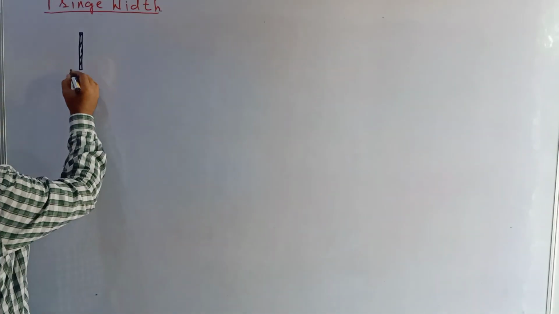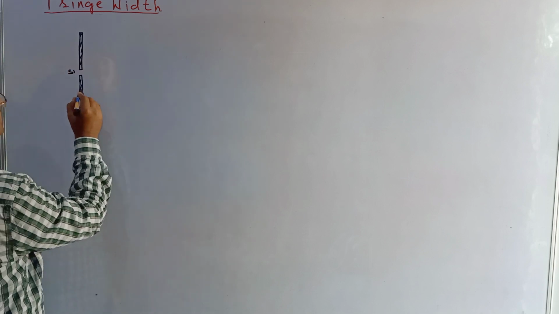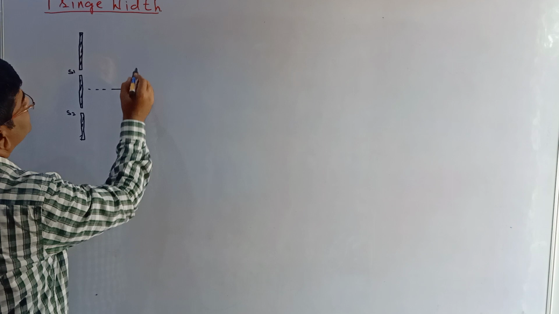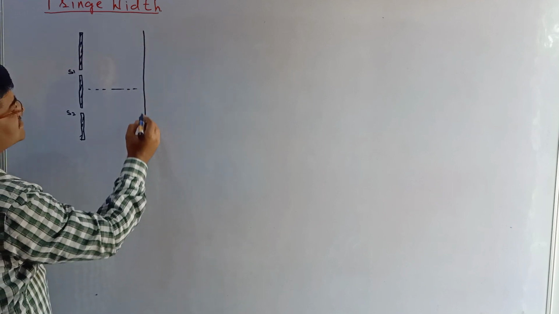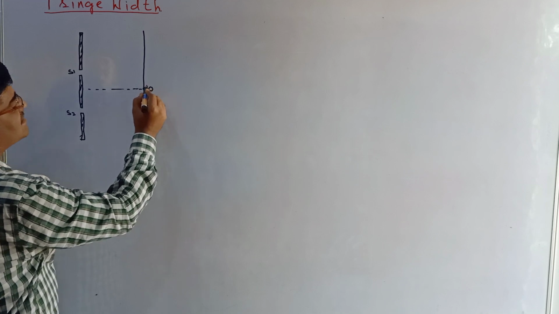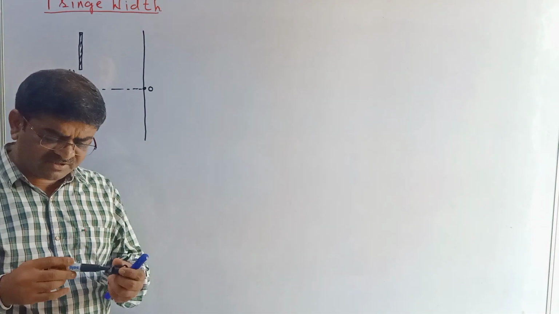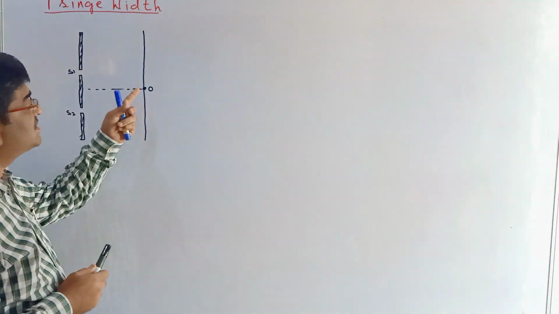You call them the slits, slit S1 and slit S2. And over here we have arranged a screen. This you refer to as the center of the screen, and that's the reference point for the measurement of all distances.